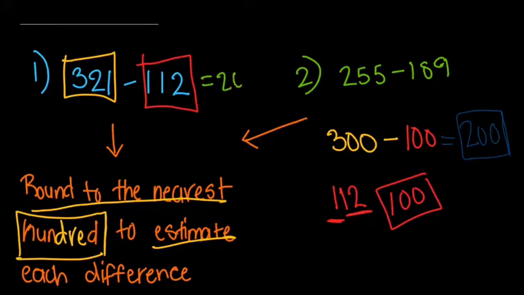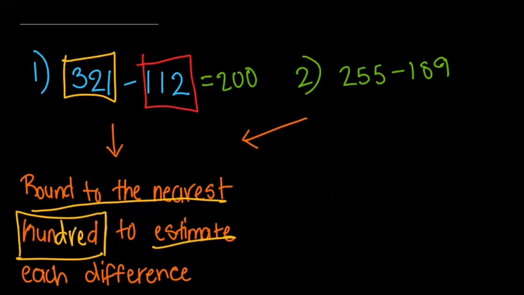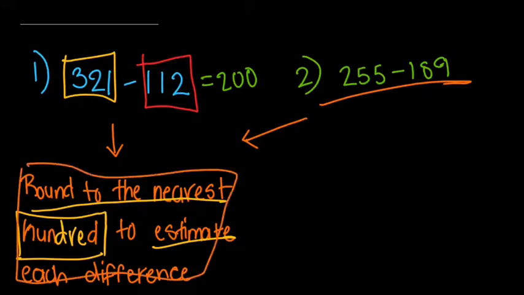Now let me erase all this to make some space. We're going to do the same thing for the second problem right over here, because we are applying the same question to this problem as well.